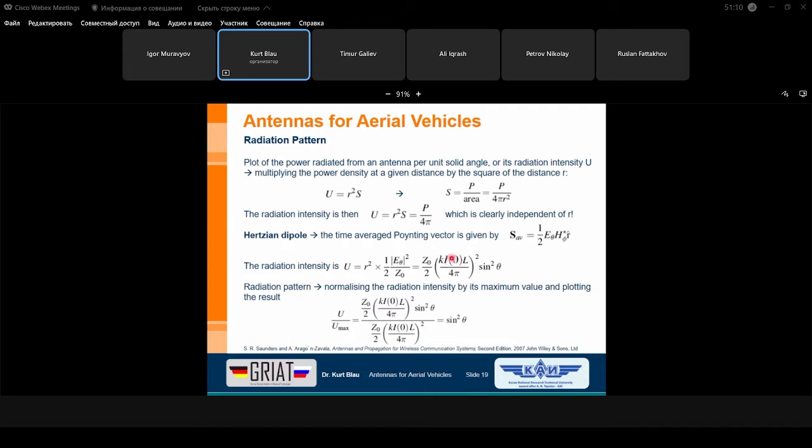The current in the origin and the length of the dipole are in both cases the same. The only thing is the sine function here, sine squared. The sine squared can only deliver a maximum if the angle theta is π/2, or 90 degrees, and this is the maximum of this expression. And so we can write the formula in this way here.